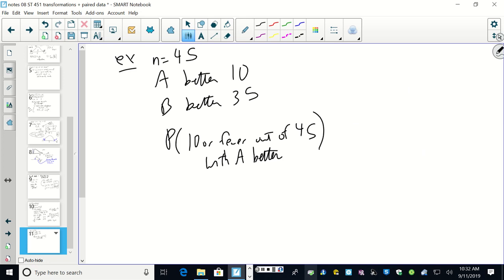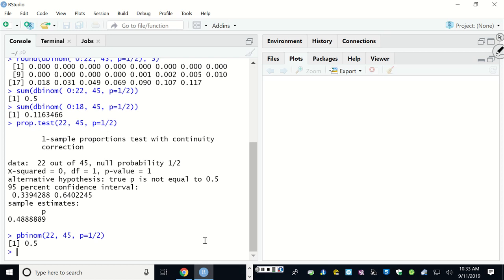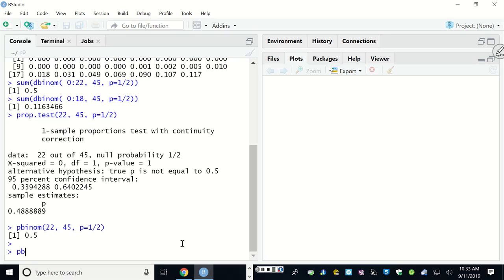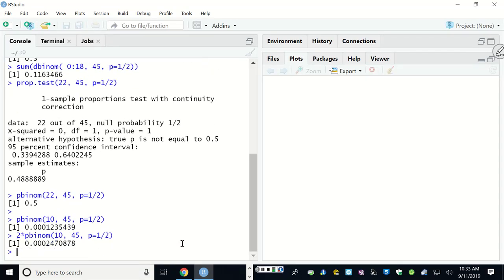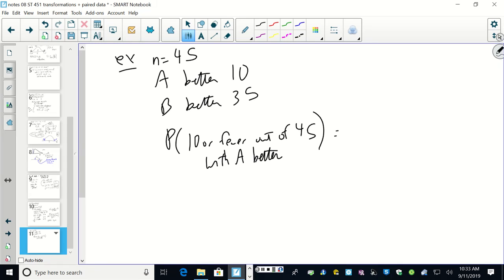And so if it's not, 22 is really quite close to the middle. And so if we do the pbinom, if the number had been 10 out of 45, with a probability of 1/2, that's a very small number. Right? And if it's two-sided, even if we double it, this was like 0.0001.